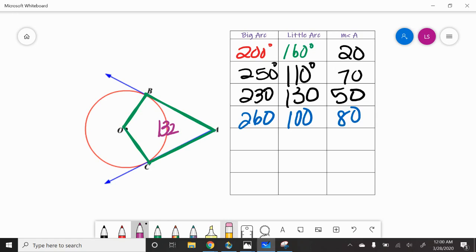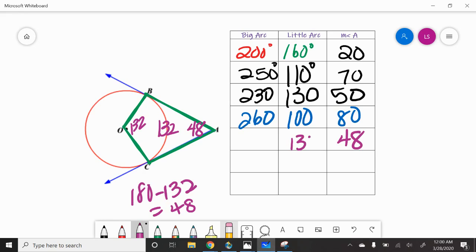I don't know, doing something different. So again, we have 132 here, and 180 minus 132 is 48. So I have 48, 132, and then 360 minus 132 is 228.